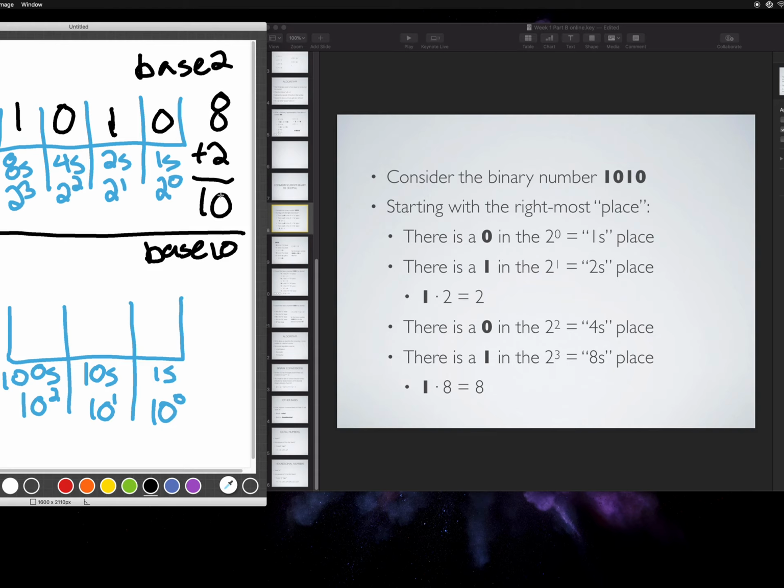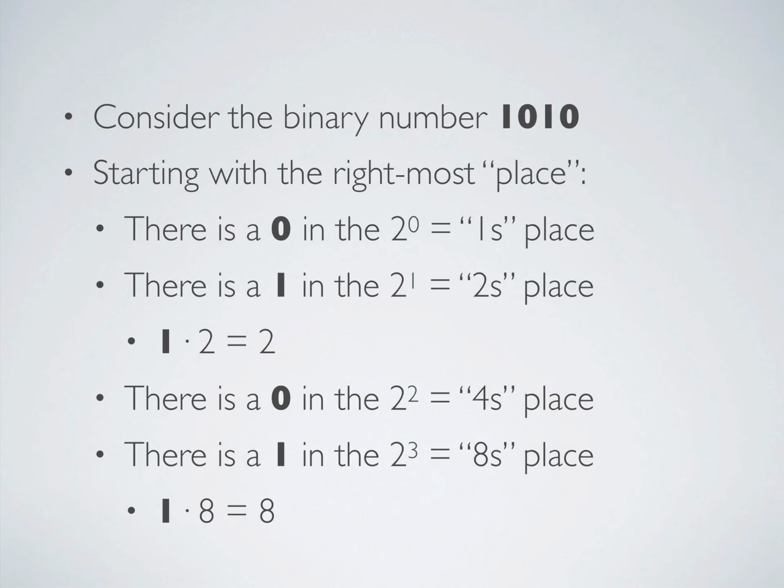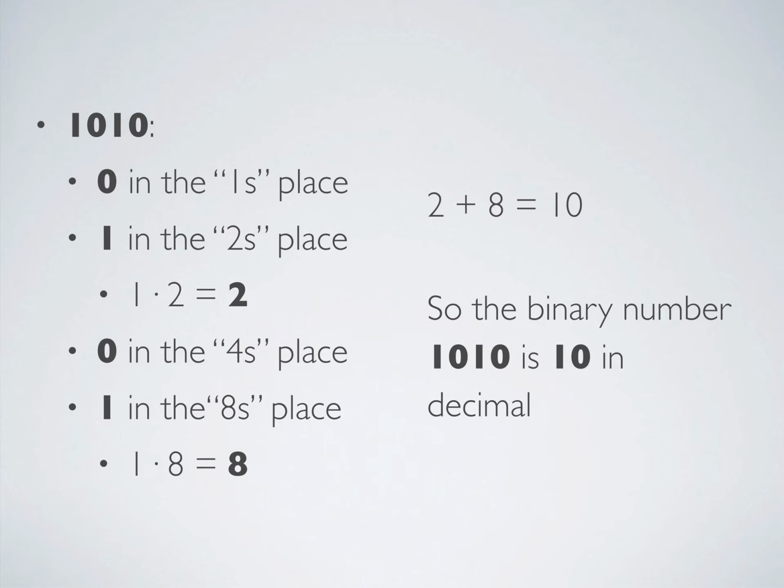That gives us 10. That's it. Like I said, this direction, much easier, right? So again, 0 in the 1's place, 1 in the 2's place, so we add a 2. 0 in the 4's place, 1 in the 8's place, so we add 8. So the binary number 1010 is the number 10 in decimal.